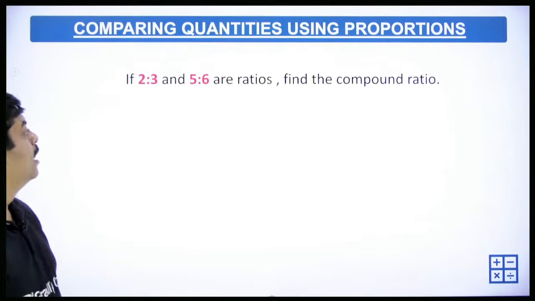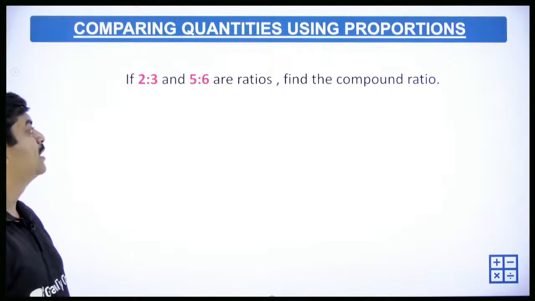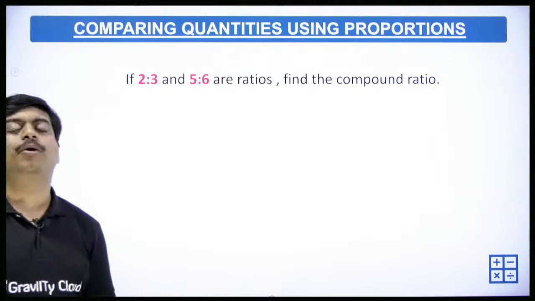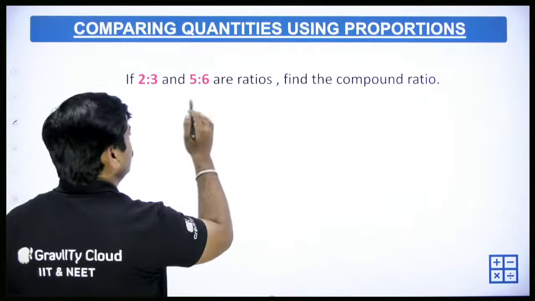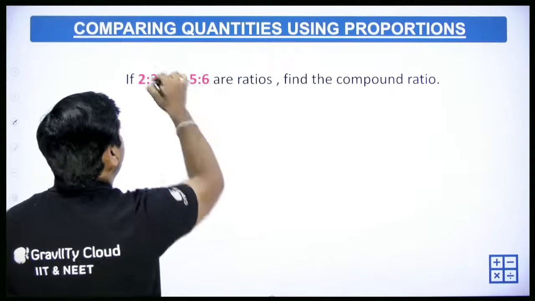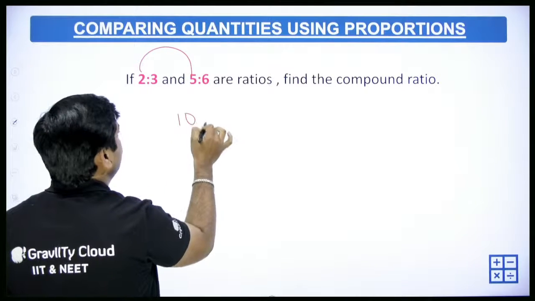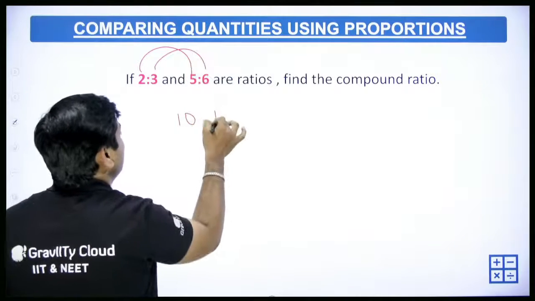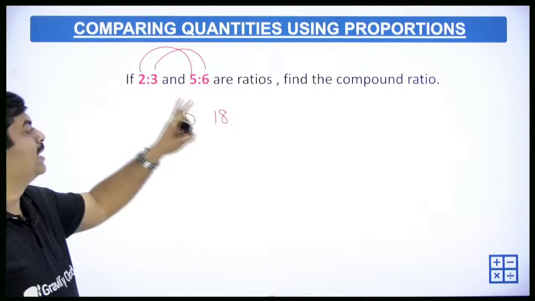So moving ahead, we have one question here. If 2 is to 3 and 5 is to 6 are ratios, find the compound ratio. 2 into 5 is 10, is to 3 into 6 is 18. 10 is to 18.